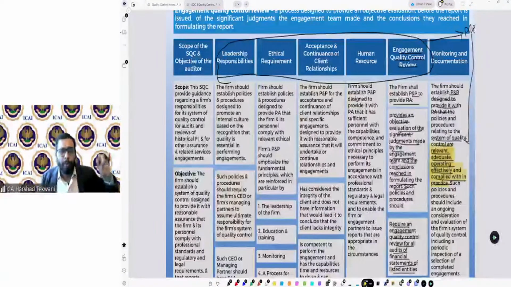So policies regarding leadership, ethical requirements, acceptance of client, human resource, engagement quality control review, they all should be relevant, adequate, operating effectively, and complied with in practice.